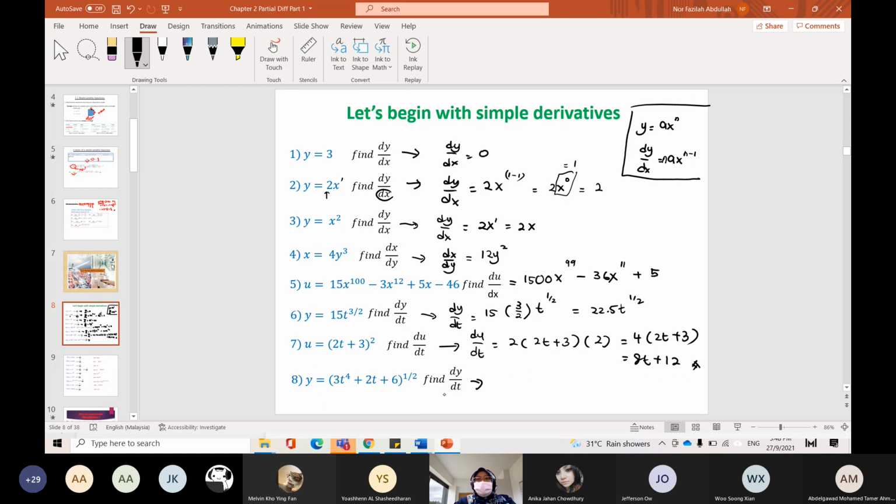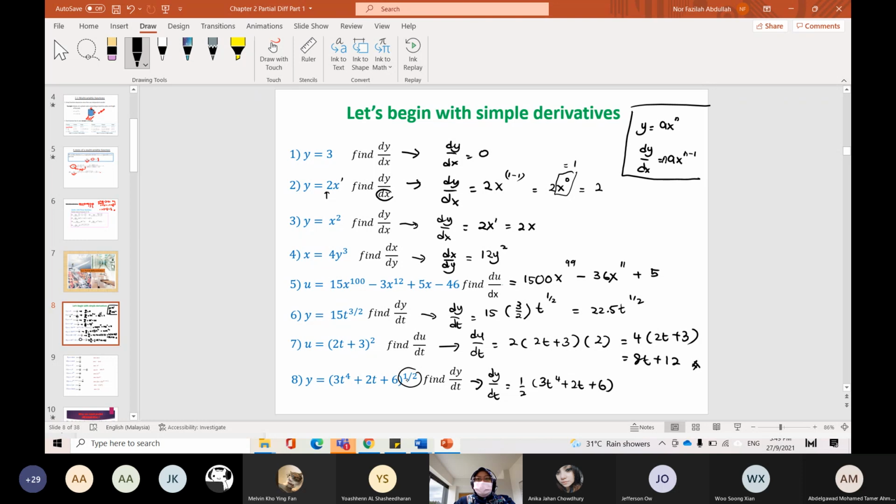Okay, for number 8, you find dy over dt is equivalent to, you take this power half, multiply by everything inside the bracket. Okay, so you write down everything, 2t plus 6.